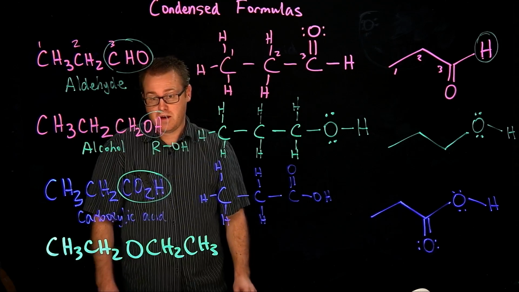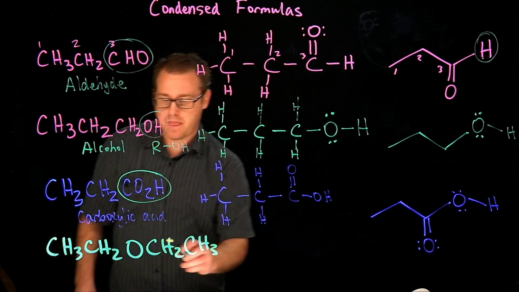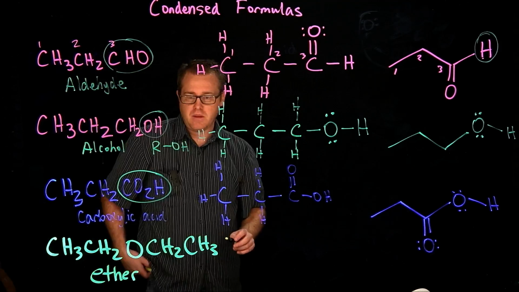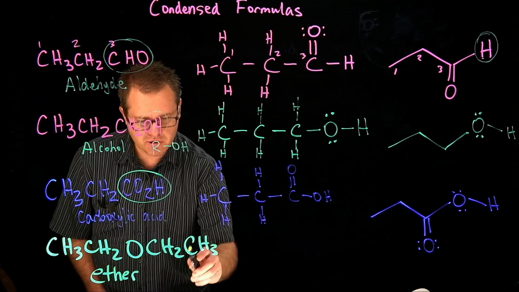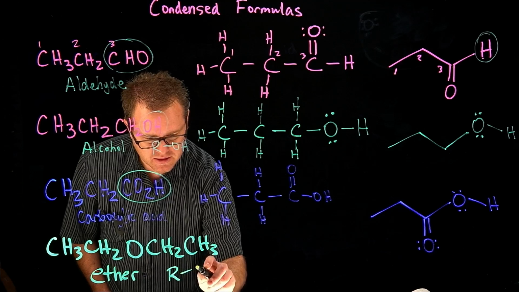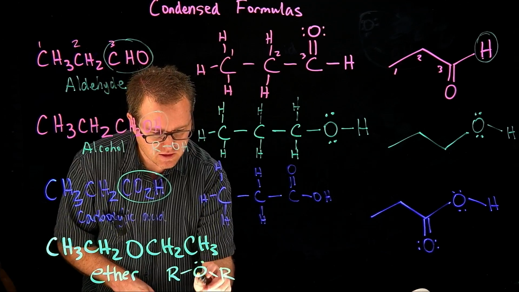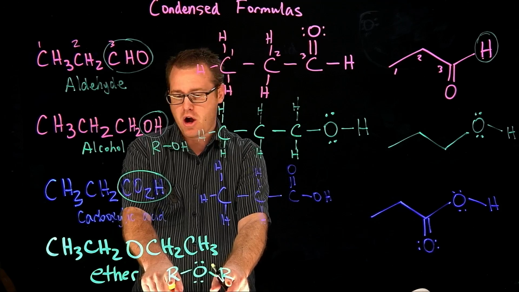So now this right here is an ether. And what do ethers look like, or what are their general structures? They look like this: an oxygen atom that's sandwiched between 2 alkyl groups, or R groups.